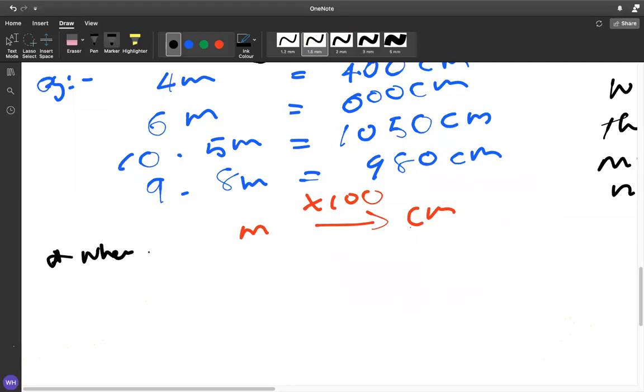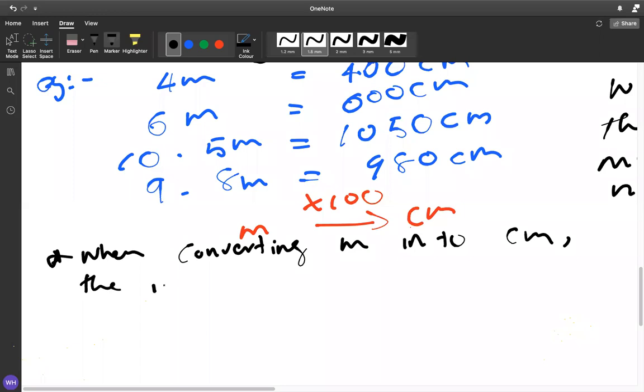When converting meters into centimeters, the number of meters should be multiplied by.